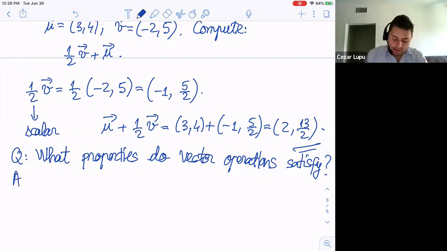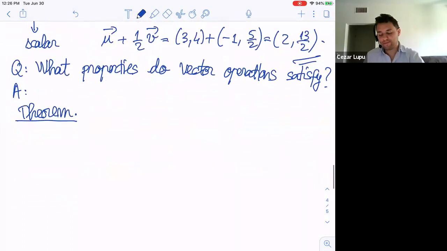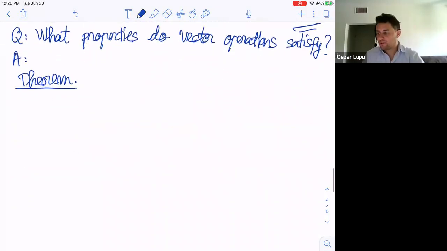The answer is given by the following theorem, and it's quite long, but I'm going to write it once. This theorem concerns the properties of vector addition and scalar multiplication in the plane. Of course, this can be generalized to vectors in R3 and so on.